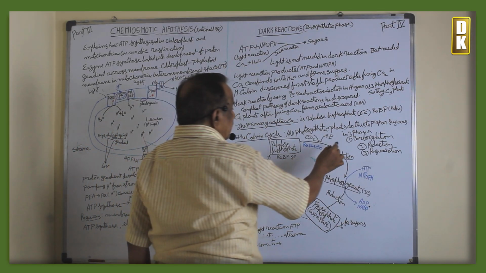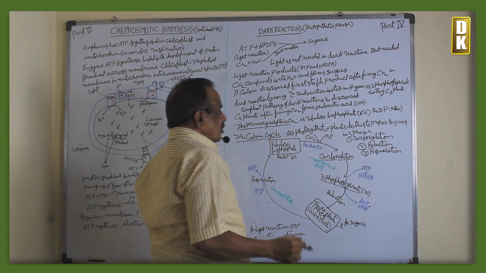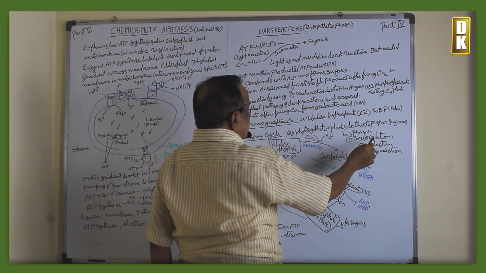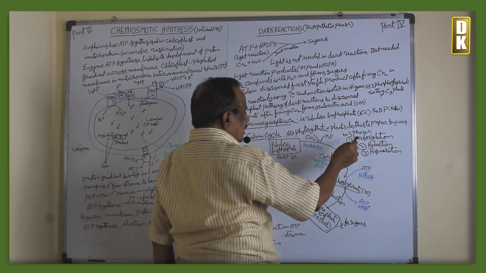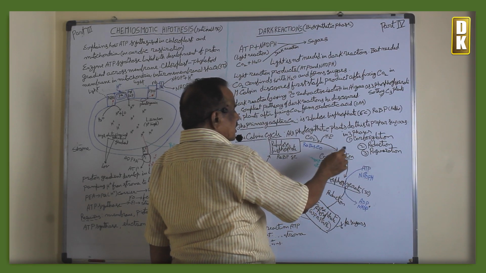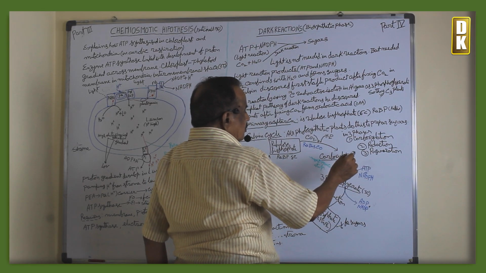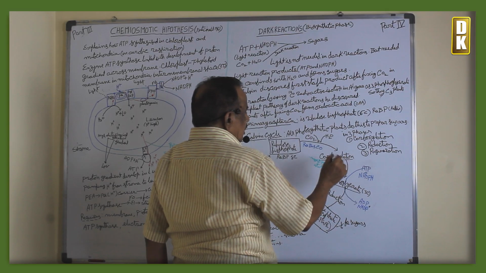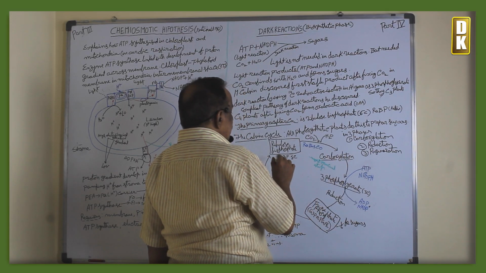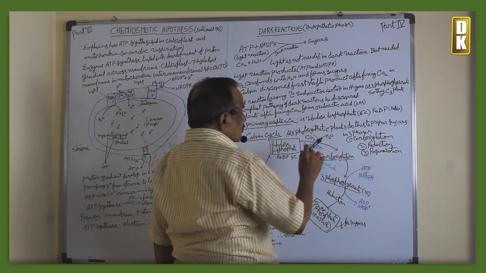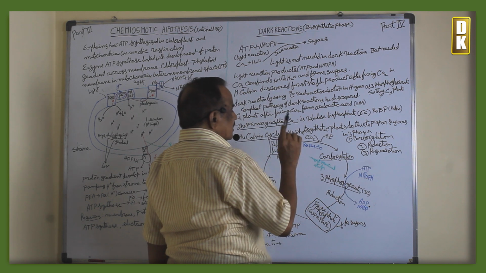The first step is carboxylation, meaning carbon dioxide fixation; the fixed carbon dioxide is then reduced and forms the sugar, and the RuBP is also regenerated in the cycle.